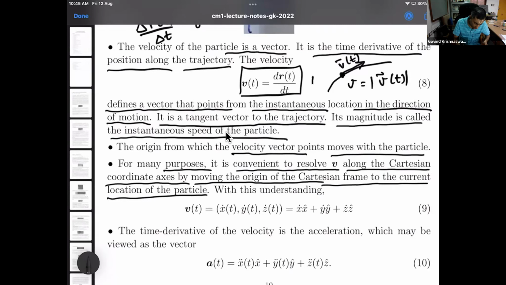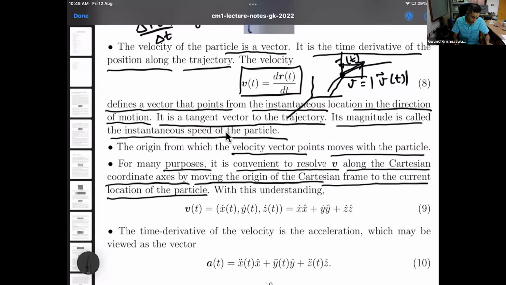Okay, so the origin of the Cartesian frame was somewhere else, but at each instant of time, for the purposes of resolving the velocity vector, we will move it to the current location of the particle. Then we will identify the Cartesian components of velocity with respect to that frame.